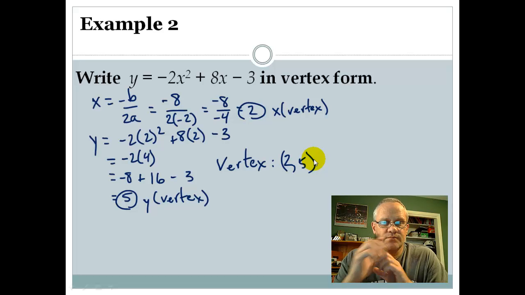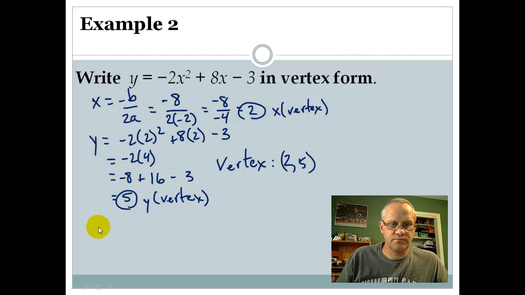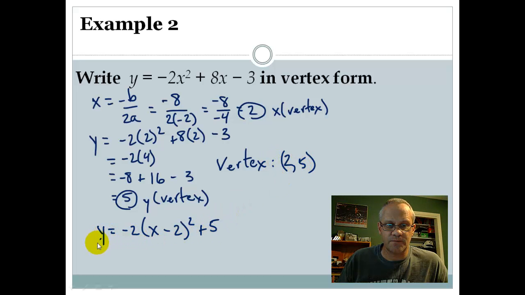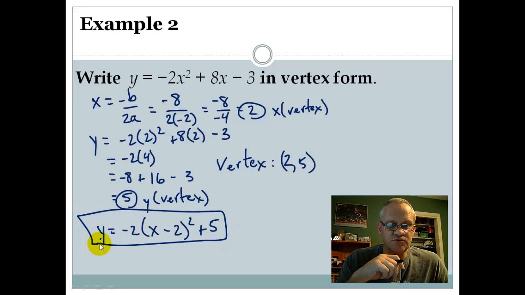And then to write the equation, y equals a, but now we do have a number here, so we're going to write that, -2, parentheses, x, remember 2, so it's going to be x minus 2 squared, and then 5, so it's going to be plus 5. So y equals -2 times x minus 2 squared plus 5 would be our equation there in vertex form.